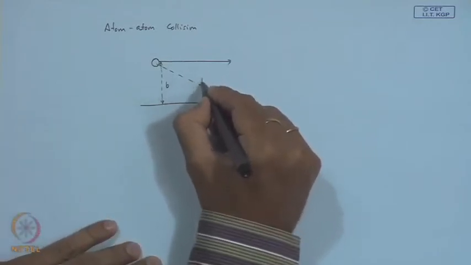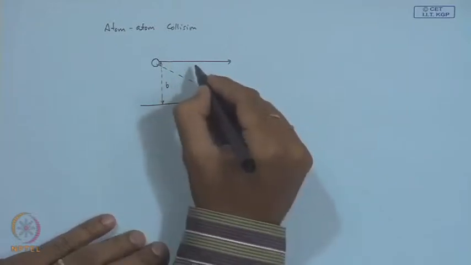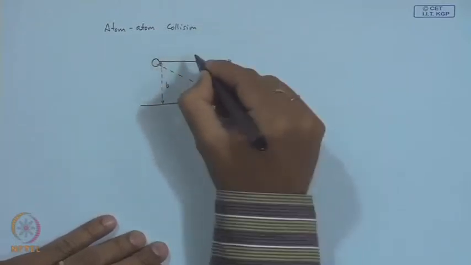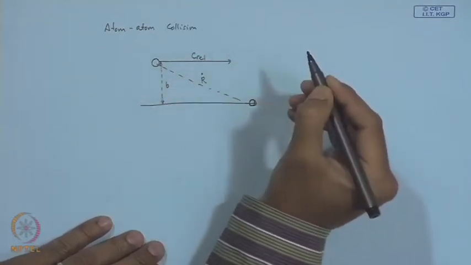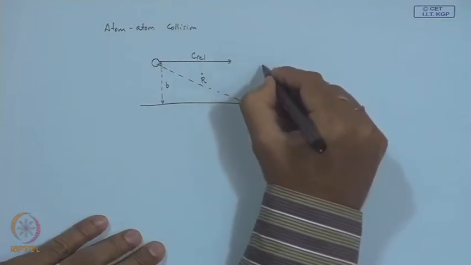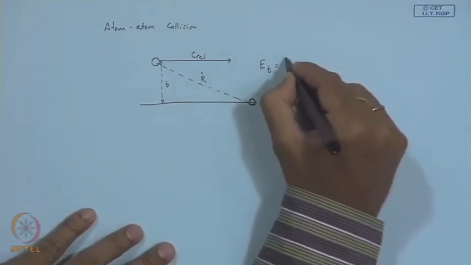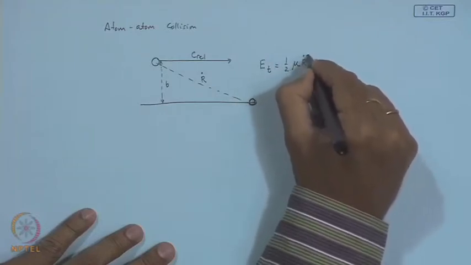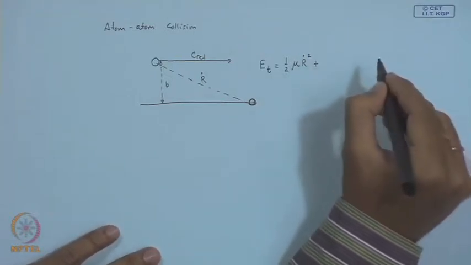So, this is your r dot, and this is the relative velocity. So, translational energy E t can be written as half reduced mass into r dot square plus your centrifugal energy.